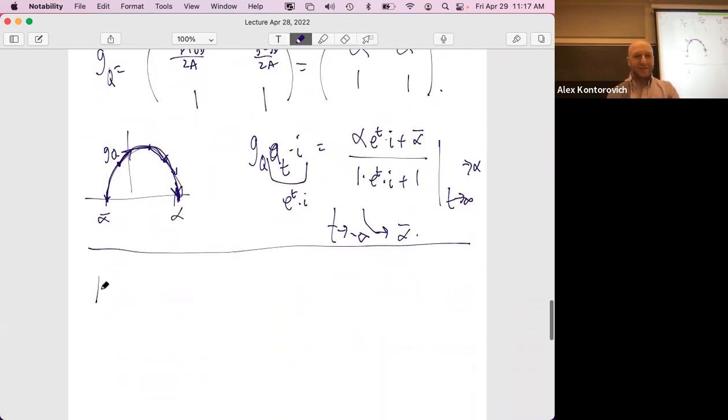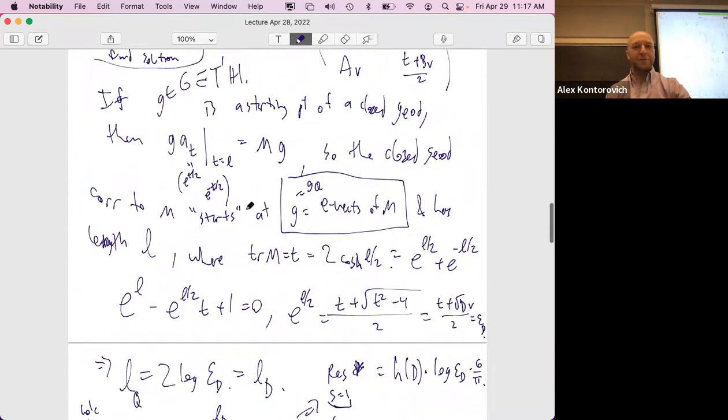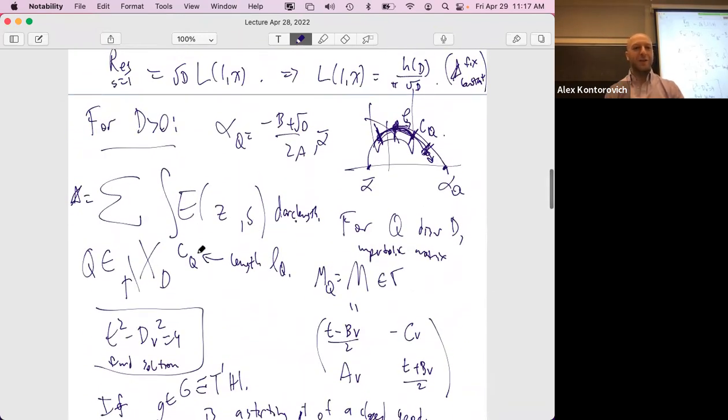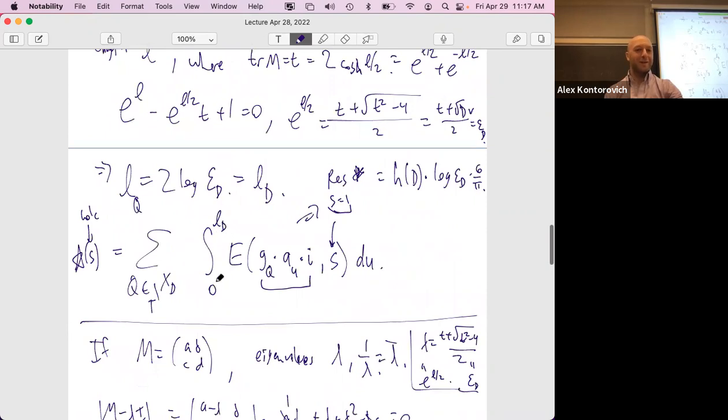So star of s again is a sum over q in Xd mod gamma of the integral. The first version of this had a different integral for each q, right? This curve depended on q. But now that we've parametrized it, the length doesn't depend on q. So actually this integral we can pull outside.